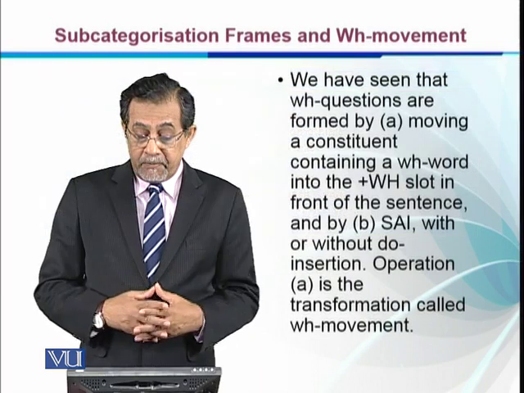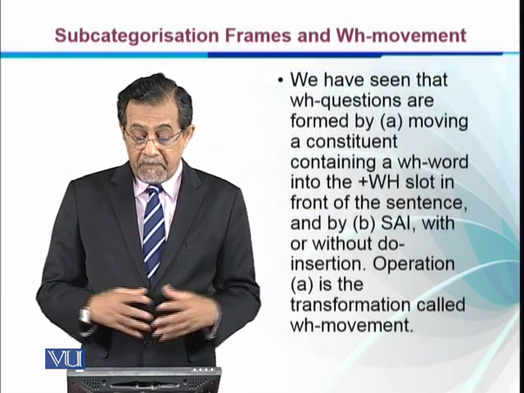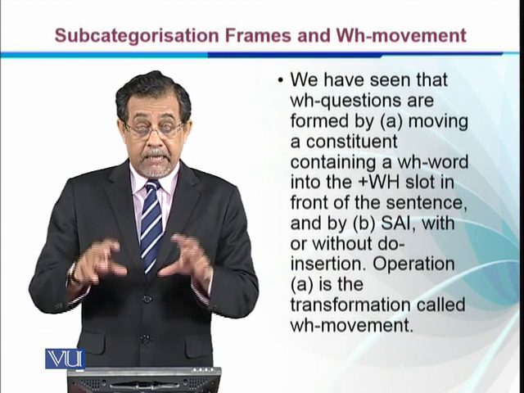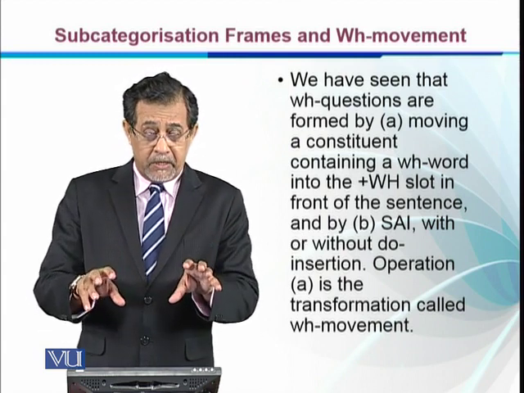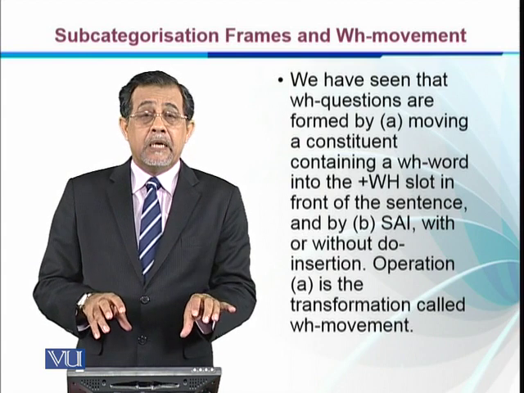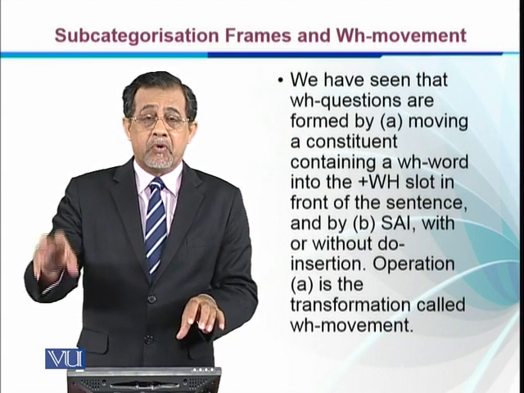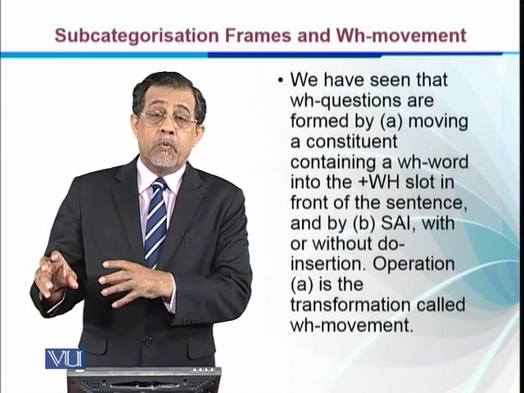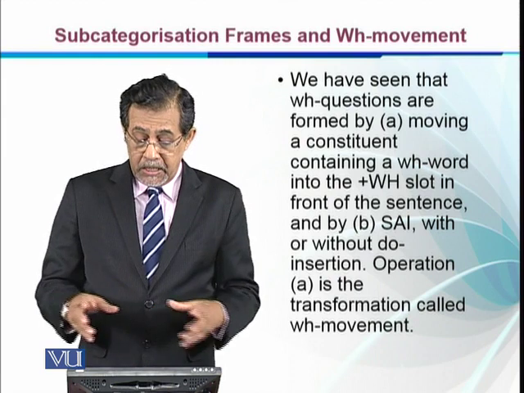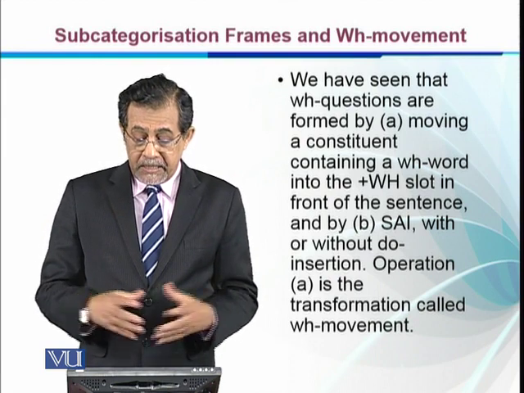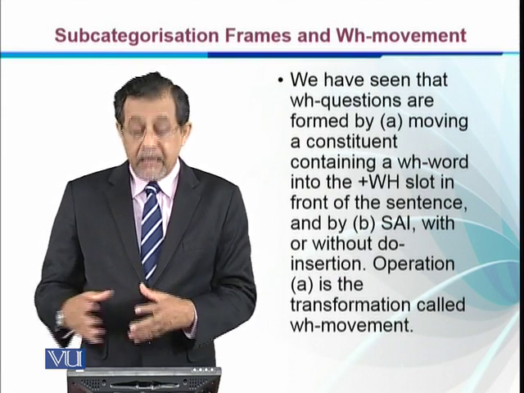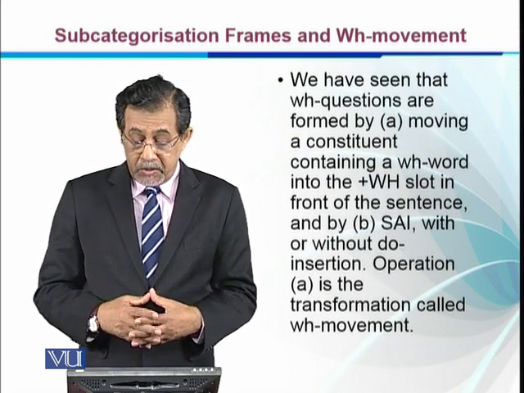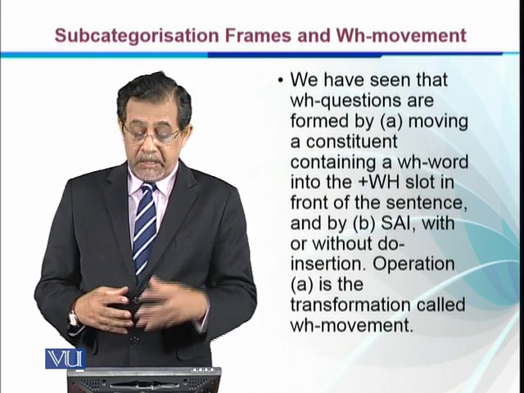So we have seen that WH questions are formed by moving a constituent containing a WH word into the WH slot, and WH slots are always there, like who is always in the subject position, where is always in the verb slot, what is always in the object slot, right? So in the front of the sentence and by SAI, subject auxiliary inversion, with or without do insertion, we make them interrogative sentences.